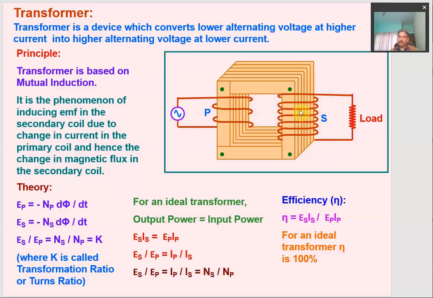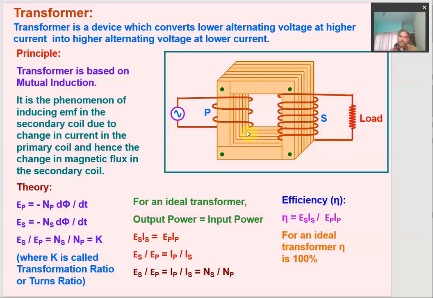It also has some number of turns, different from the primary coil, depending upon what kind of transformer we are using. To this secondary coil we connect some output circuit from which the output is taken. So the primary coil is the one in which the voltage to be converted is fed, and the secondary coil is the one across which we receive the converted voltage. This is how a transformer works.